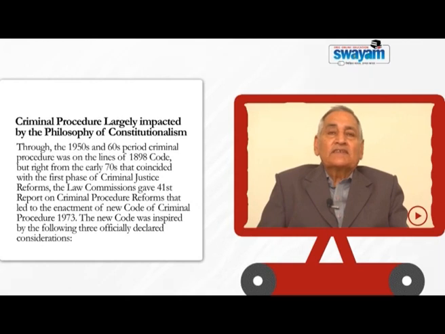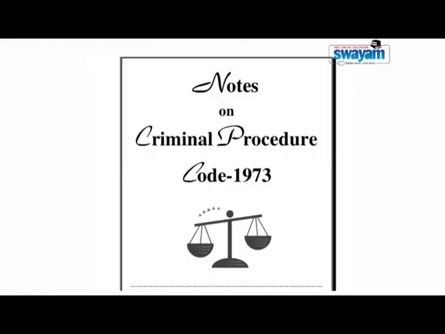And in the 70s, they had already started the first phase of criminal justice reform, on the basis of constitutional push, giving rise to the 42nd report of criminal procedure reform by the Law Commission of India, that led to the Criminal Procedure Bill of 1971, that led finally to the Code of Criminal Procedure in 1973.